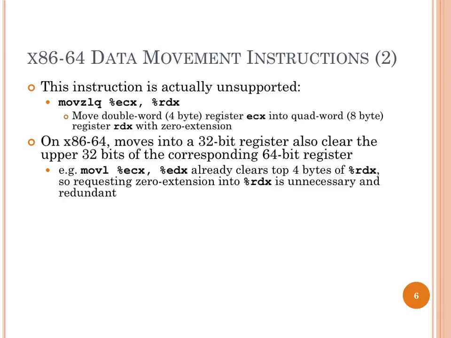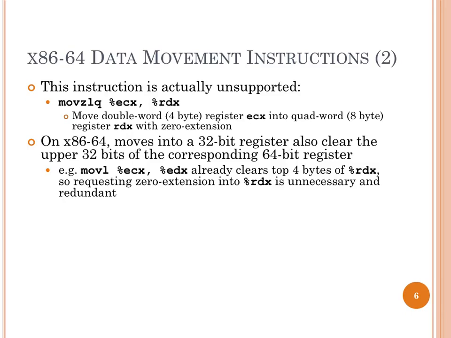Anytime you write to a 32-bit register, it automatically 0 extends into the corresponding 64-bit register. So like I have here, if I move from ECX into EDX, well, what happens is the top 4 bytes of RDX are automatically zeroed. Okay? There's all kinds of good reasons why this happens. It's to make sure that 32-bit code works okay on 64-bit processors.